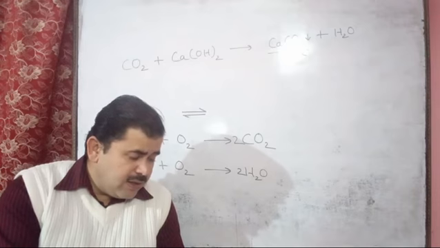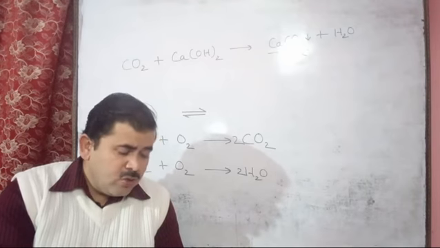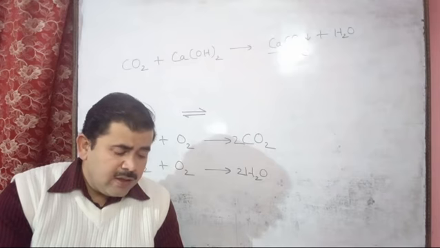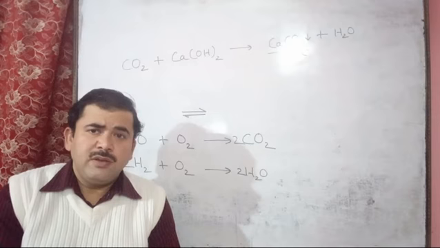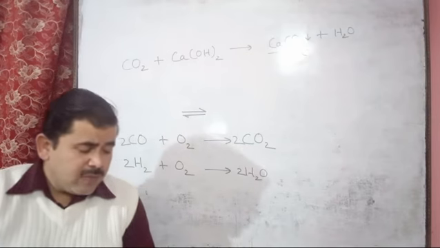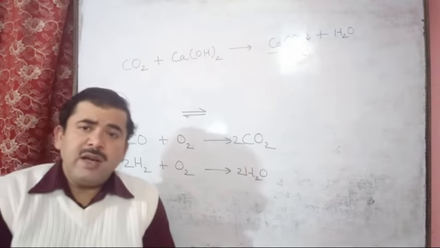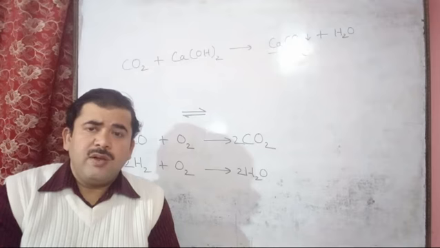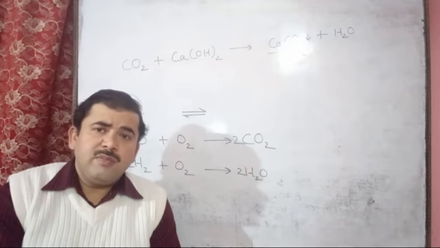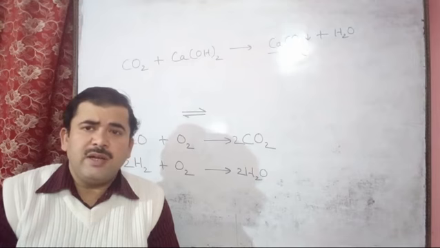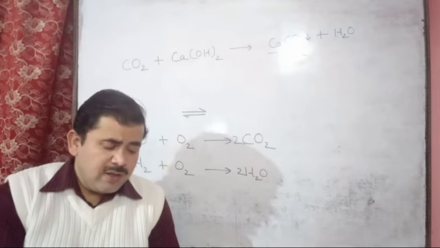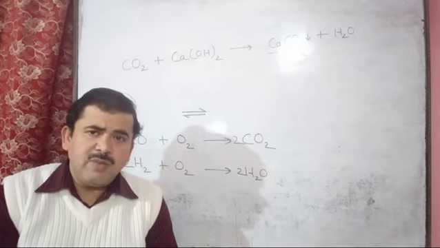Next question, 1993. Give reasons for the following. Though hydrogen is lighter than air, it is not collected by the downward displacement of air. So we know that hydrogen is an inflammable gas, and this makes an explosive mixture with air.